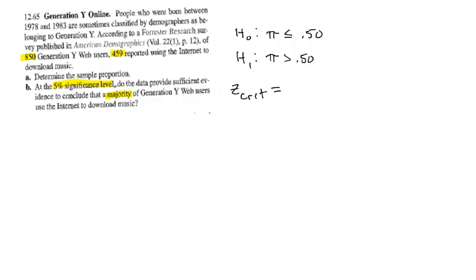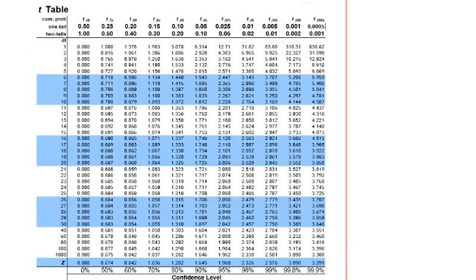Here we have a right-tailed test, and we're at the 5% significance level, so one tail 5%, so we need to go to our tables. And here we can use the Z or the T table. My preference is to use the T table to go to one tail, over to 5%, and then all the way down to Z. So we have 1.645 is our critical value.